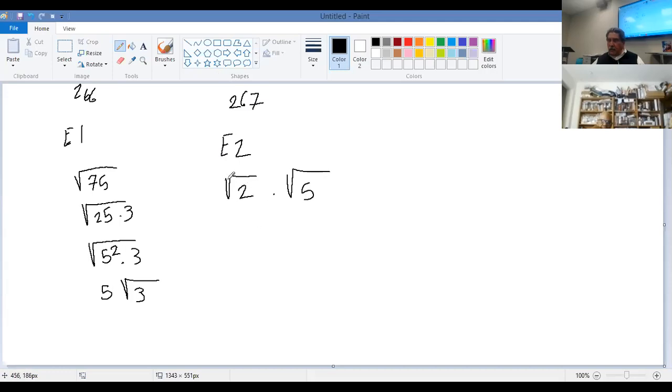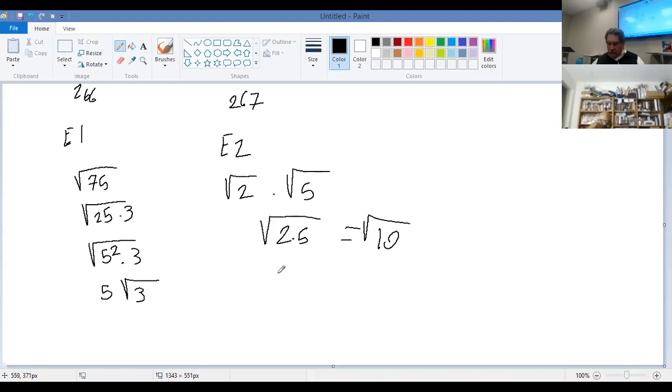So remember, the n is the same, so I write the square root of 2 times 5, which is equal to the square root of 10. Okay? That's basically all you need to do. Yep, that's the end of it.